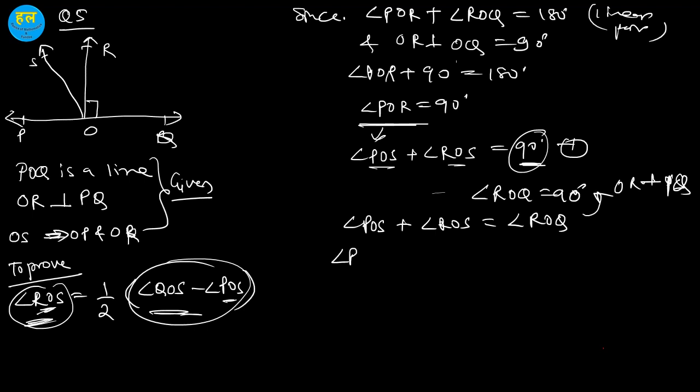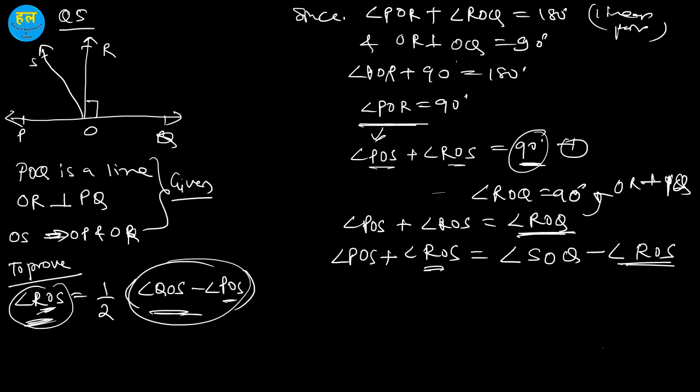Also we can write angle POS plus angle ROS is equal to, we can take this angle as angle SOQ minus angle ROS.